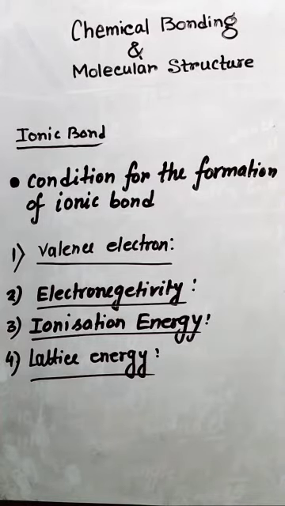So when metals contain 1, 2 or 3 valence electrons, they can easily react with non-metals which contain 5, 6 or 7 valence electrons. Group 15 elements have 5 valence electrons in their valence shell, group 16 elements have 6 electrons in their valence shell, and group 17 elements have 7 electrons in their valence shell.